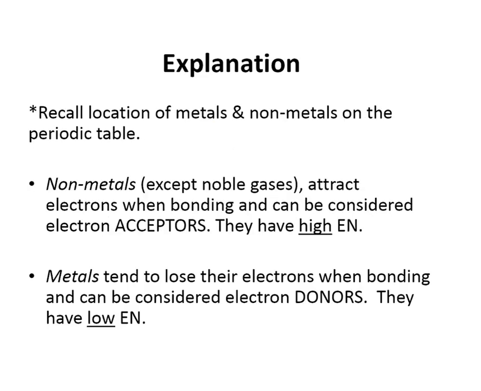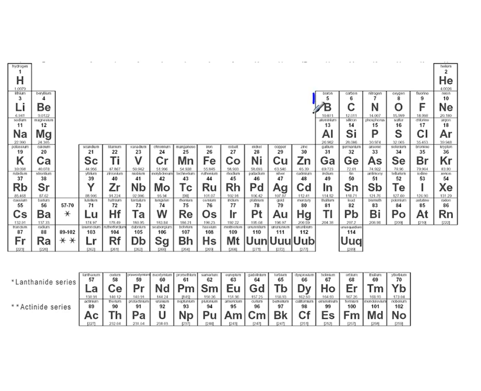So why is this happening? The biggest driving factor with this is thinking about metals and nonmetals and where you can find them on the periodic table. Remember, nonmetals are found to the right of the staircase.